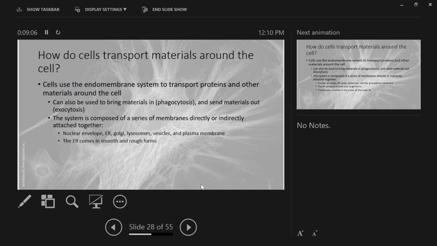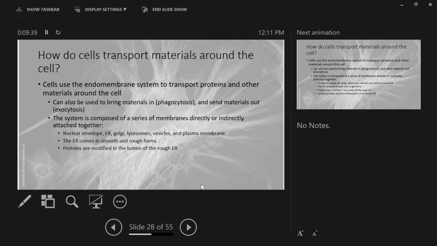The smooth endoplasmic reticulum and the rough endoplasmic reticulum. And just to provide some context, proteins are actually modified inside of the rough endoplasmic reticulum. So another function of the endomembrane system is protein processing. I don't know if you put that as one of your functions of the endomembrane system, but protein processing is a really important function carried out by the endomembrane system, specifically within the endoplasmic reticulum.